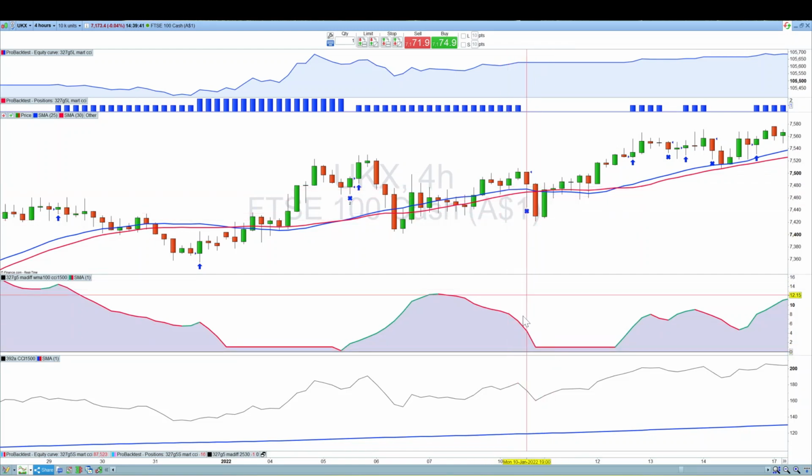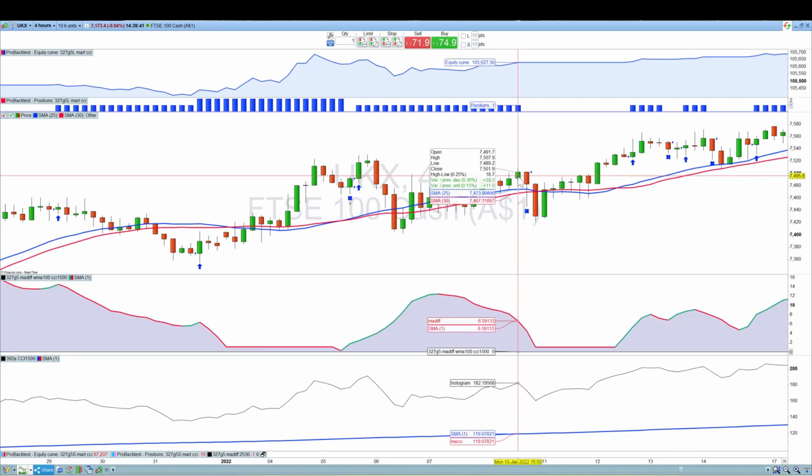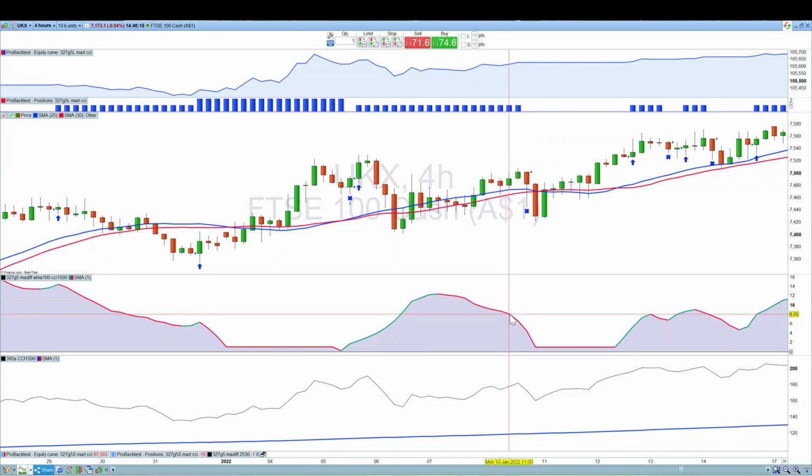And we close out the trade when the close is greater than the entry price. So entry price was 7491 and the close there was 7501. So it's a very small change. Nevertheless, we close it out when it's in a positive. So that's our single trade entry and exit.